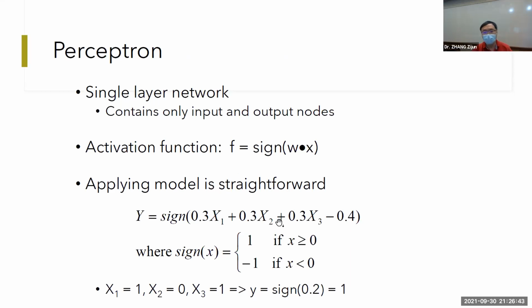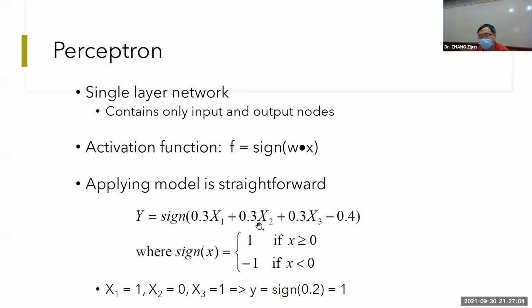Then we need to go into the perceptron. Each perceptron means a single layer network, which contains only input and output nodes. And it has one activation function, which is a sine.